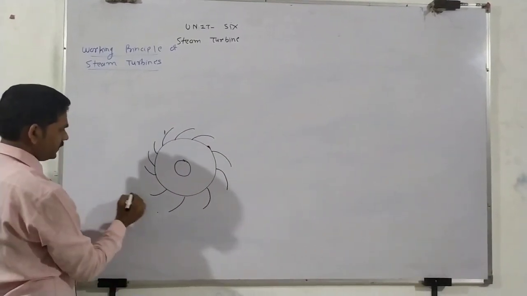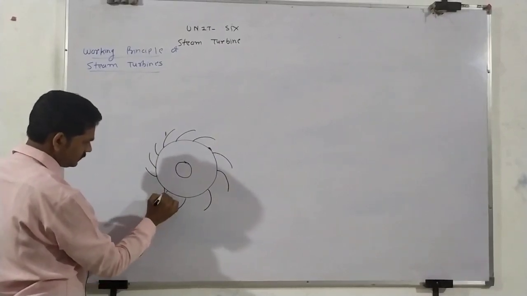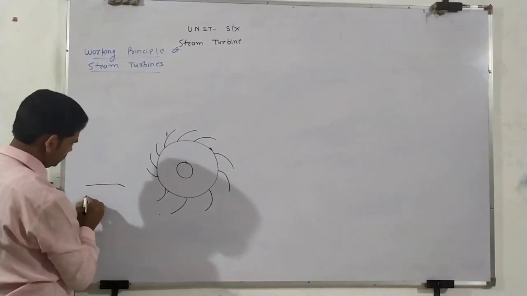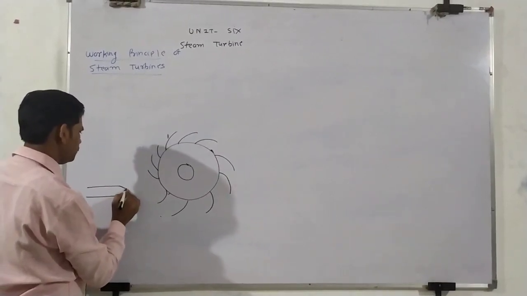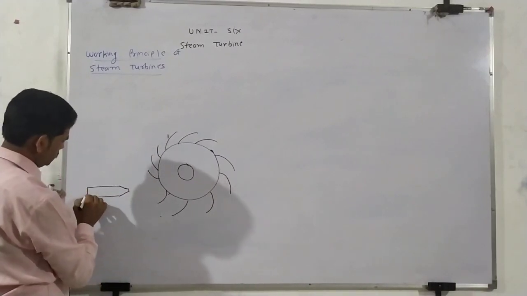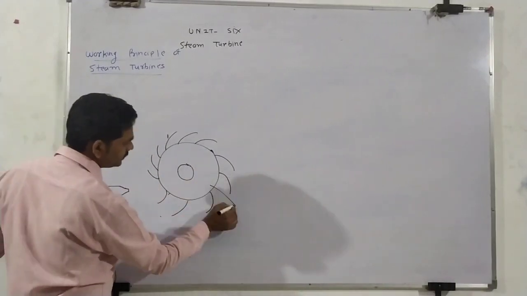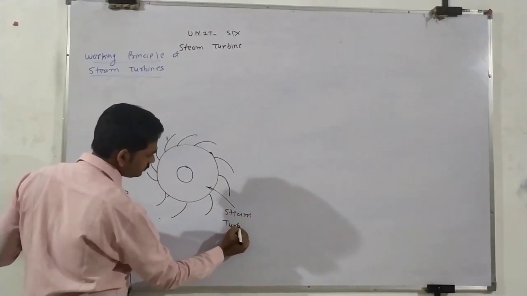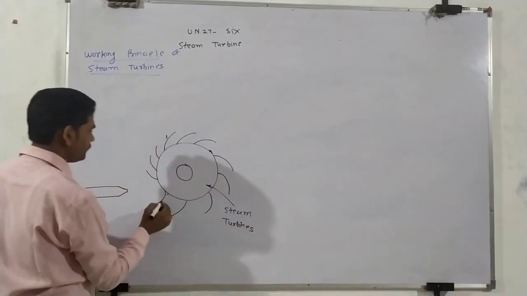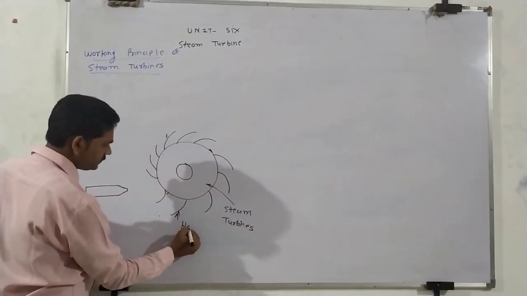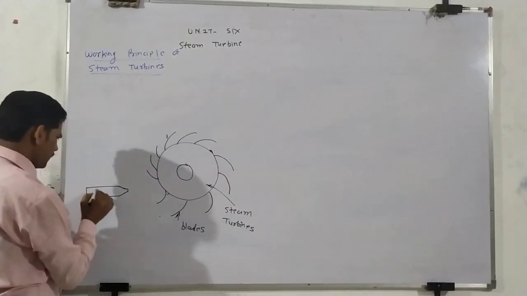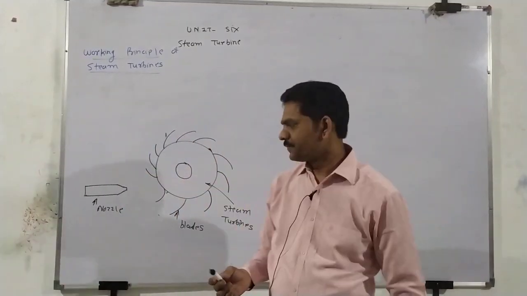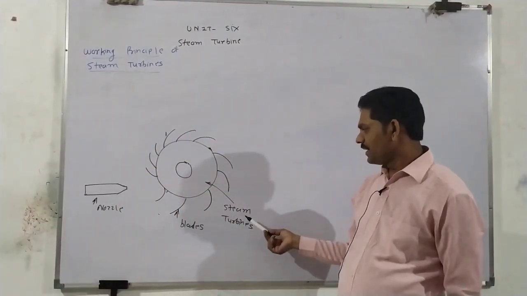This is the nozzle, this is the steam turbine, and these are the blades. Right, boys? Yes. So this is the simple diagram of a steam turbine.